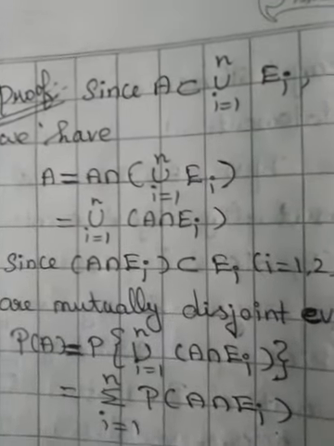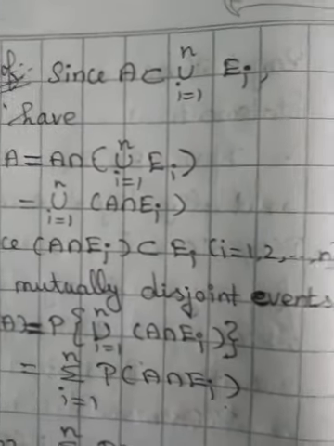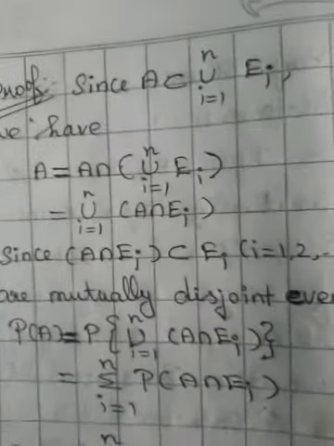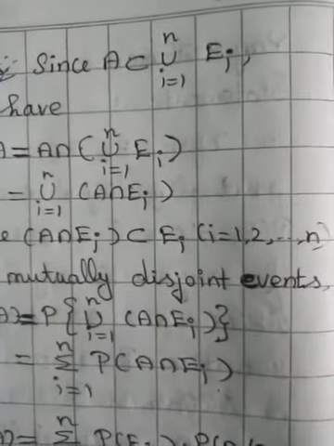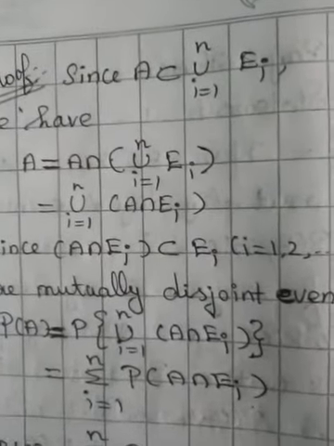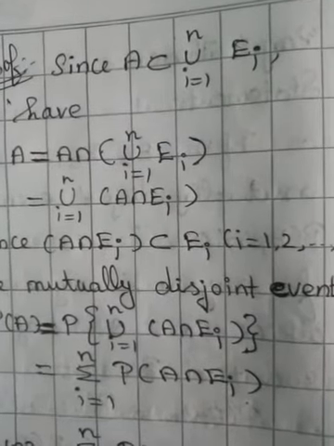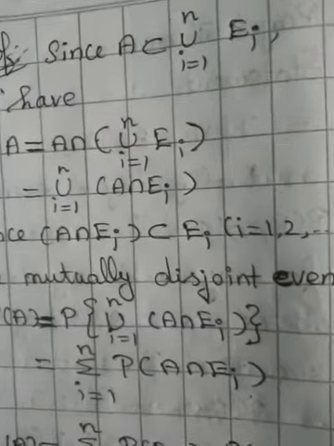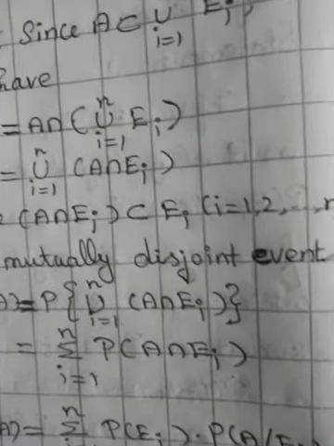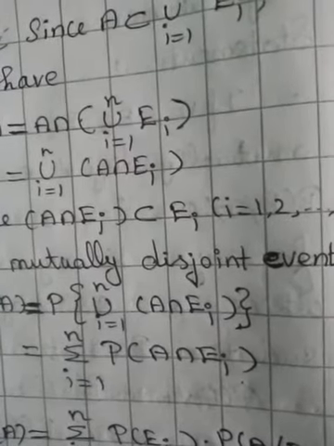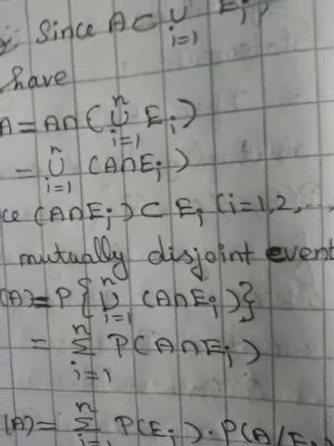Since A intersection Ei, i values 1 to n, are mutually disjoint events, P of A equal to P of union i varies from 1 to n A intersection Ei is equal to summation i varies from 1 to n P of A intersection Ei.